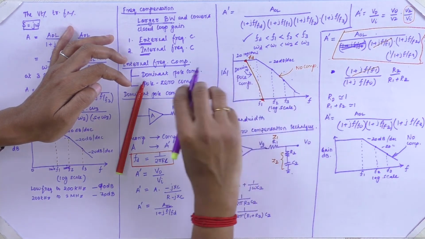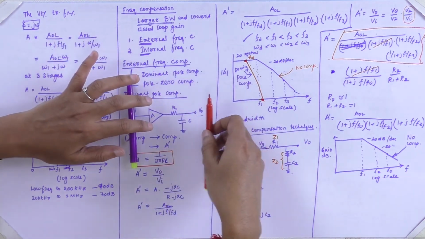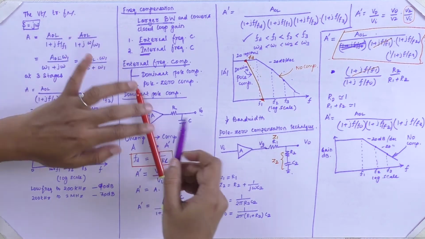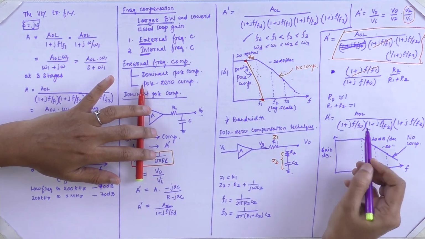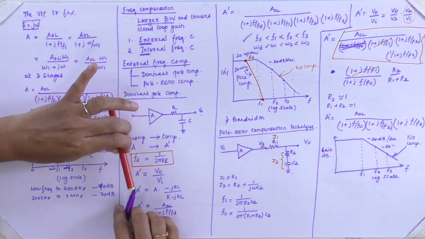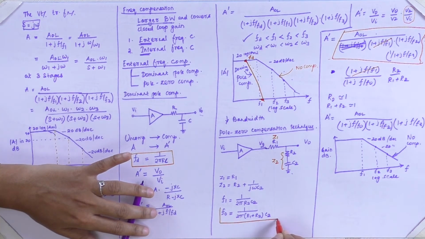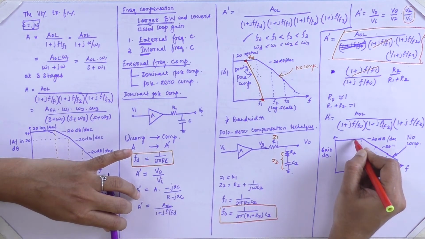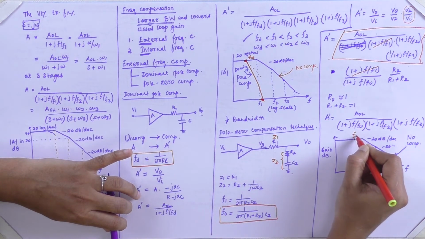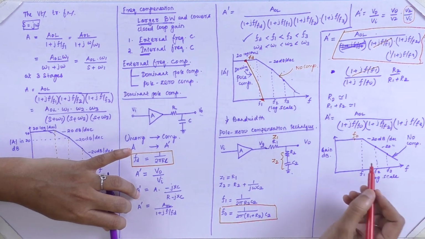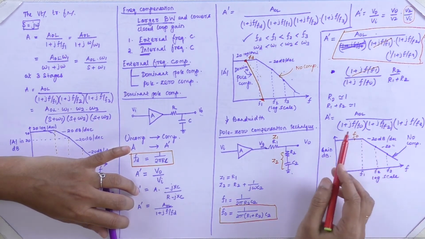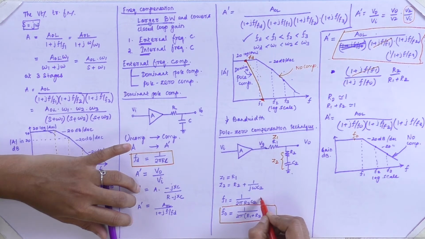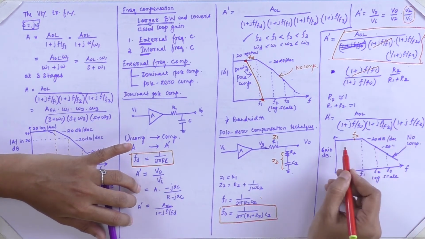So in this we are going to identify your F0. So here we have a frequency factor F0. So here F0 factor is equal to 1 by 2 pi R1 plus R2 into C2. So here that F0 term will not pass through that F1 frequency, it directly passes through the F2 frequency.